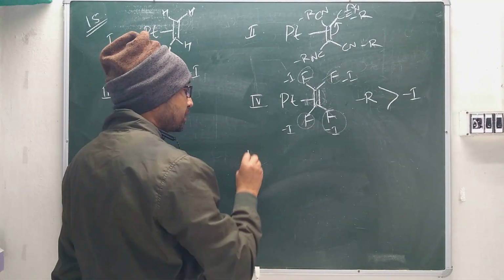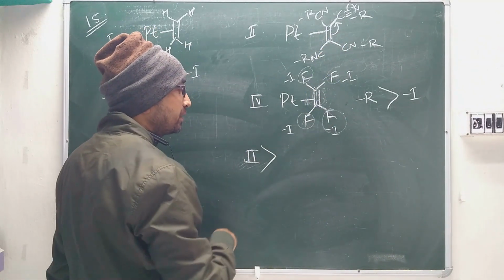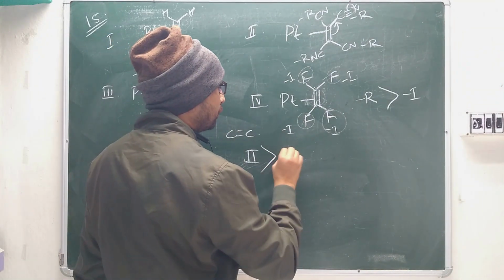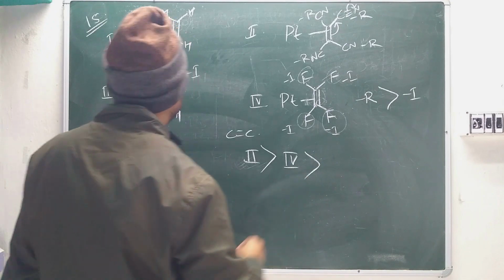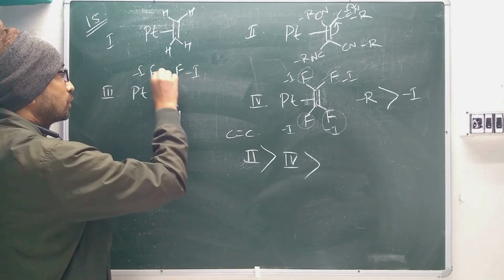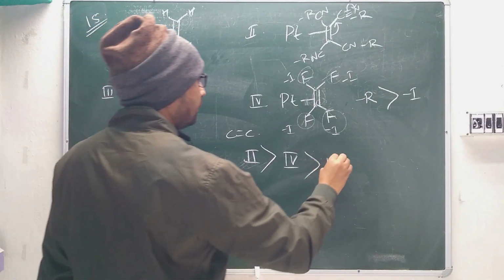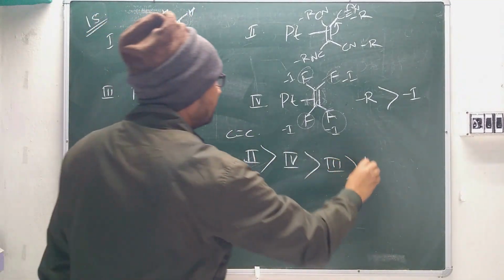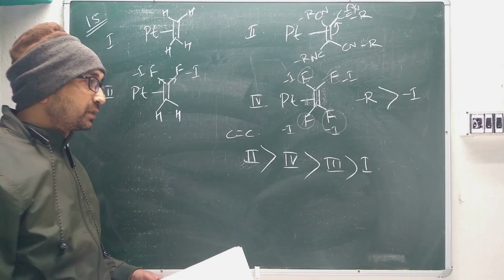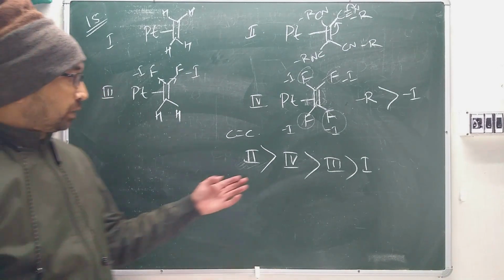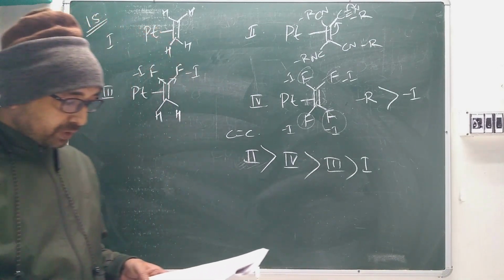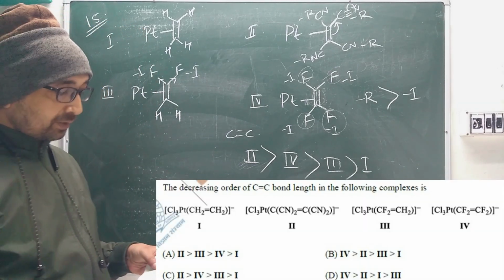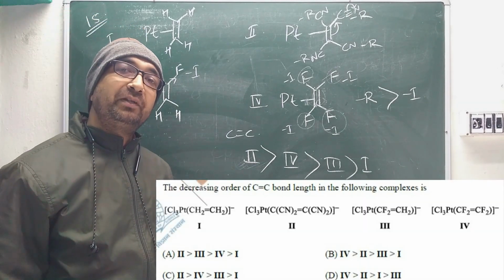The second will have the more carbon bond length, then we have the fourth, and then this one, because this is also pulling. Finally the smaller one will be first. Which option belongs to this arrangement? Second, fourth, third, and then first, so option C will be correct.